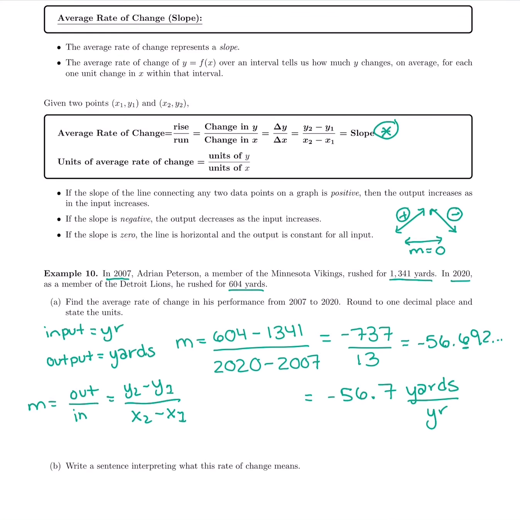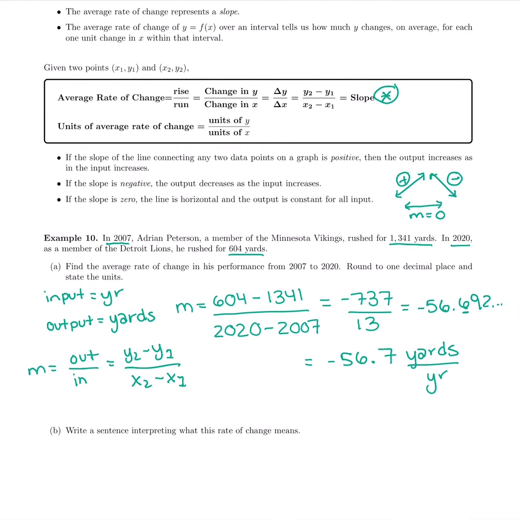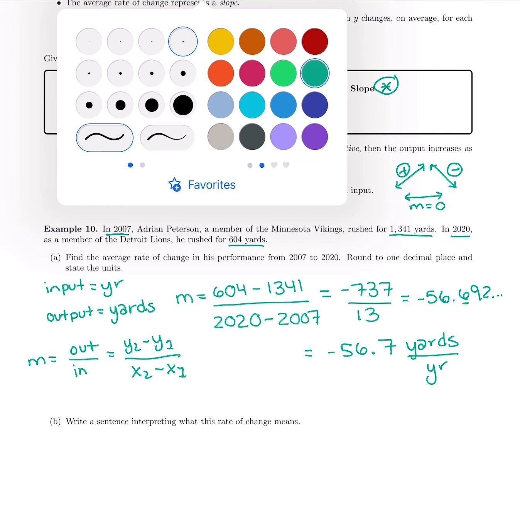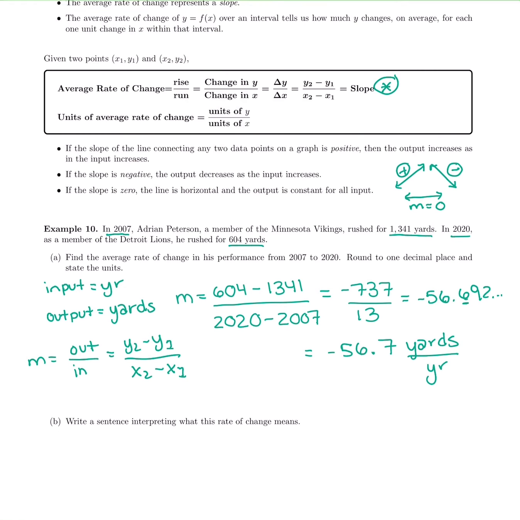So let's interpret this using a sentence. What does this mean? We could say, on average, because that's what we found, the average rate of change, Peterson's rushing yards. Did they increase or decrease?